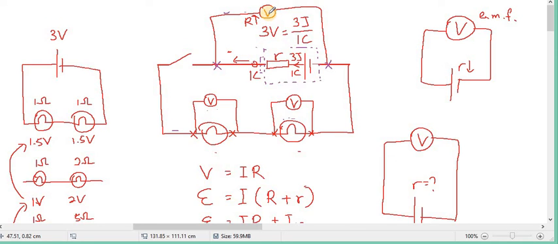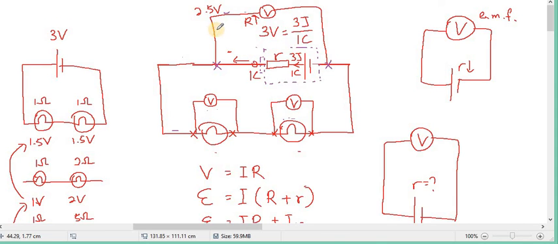So the reading will be equal to the EMF, which is 3 volt. When we connect, when we turn on, the 3 volt reading becomes 2.5 volt. This is what we discussed just now, right? Off is 3 volt. On, the voltage drops and becomes 2.5 volt.